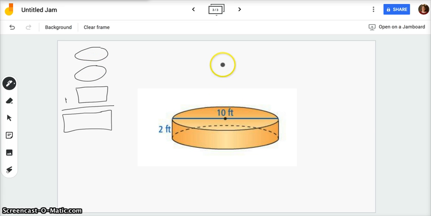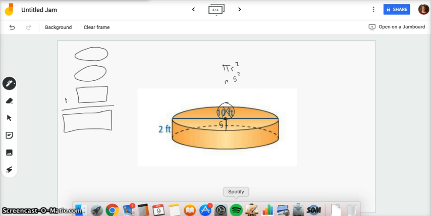So area of a circle, pi times radius squared. They gave us the diameter. Don't be tricked by the diameter. We just need half of it. We need half the diameter, which is 5. So we need pi times radius squared. Well, 5 is the radius, so pi times 5 squared. 5 squared is 25. Pi times 25.